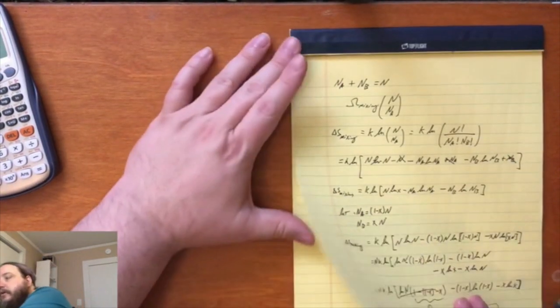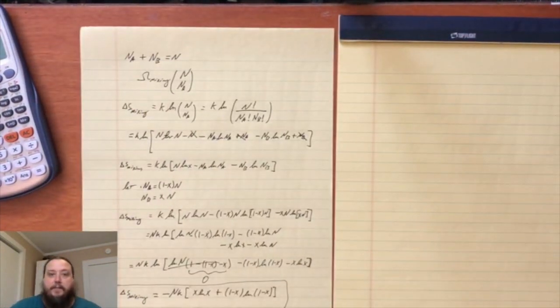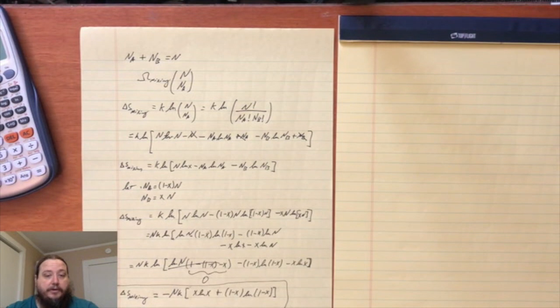All right, so having established what mixing does to the entropy, we can now look at how that's going to play out in a thermal system, when that system is undergoing various thermal changes.